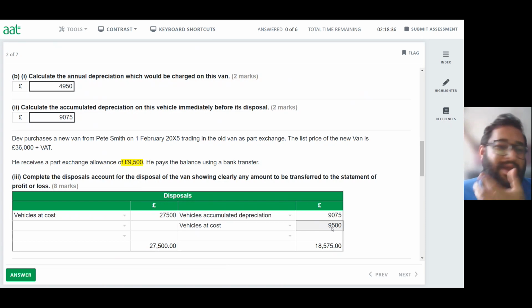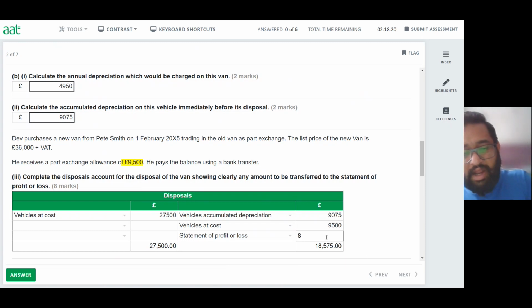So we just have to put it down here. I can't simply put that in a different way. And then what we have here, the difference between them will go into my profit and loss statement. So here, 27,500 minus 575, that gives me an answer of 8925.